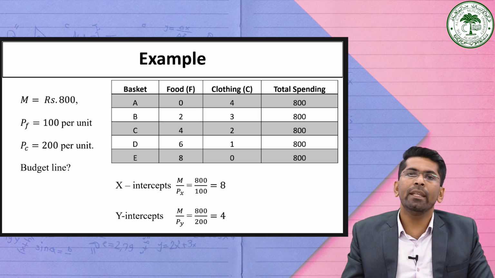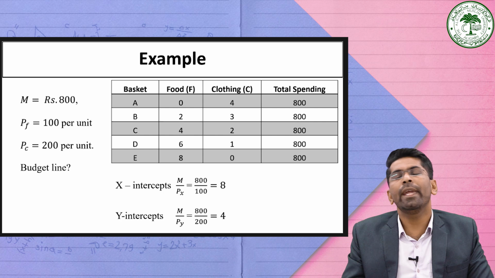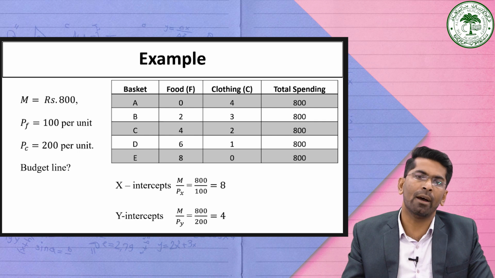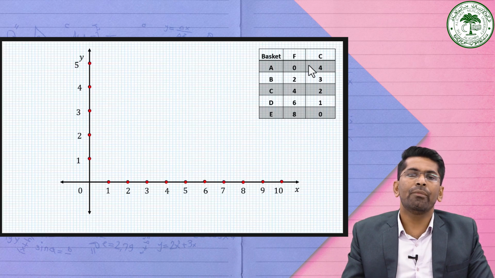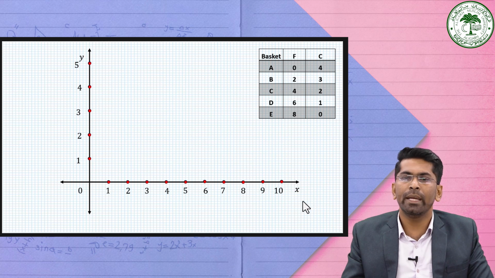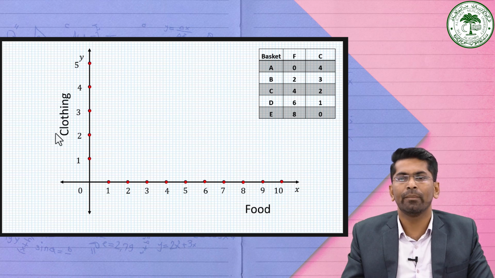Once we get the x-intercept and y-intercept terms, we can plot this table very easily on the graph. So these are our different baskets. We have two axes on the Cartesian space, the x-axis and the y-axis, which is displayed here. We are taking food on the x-axis and clothing on the y-axis.